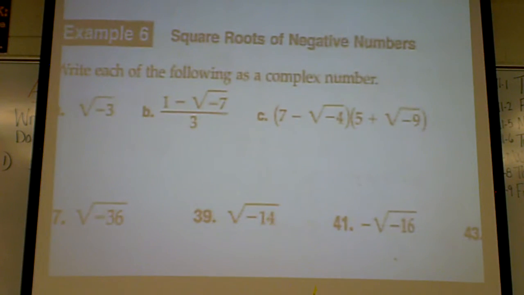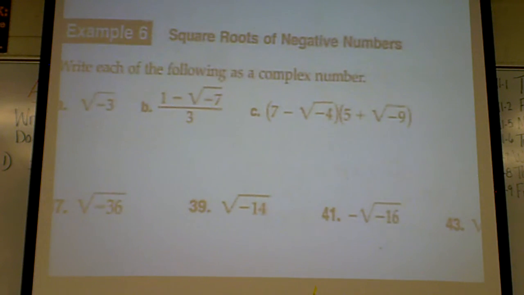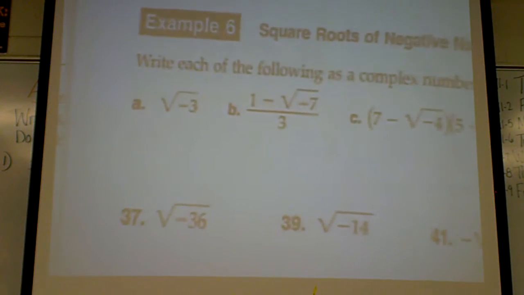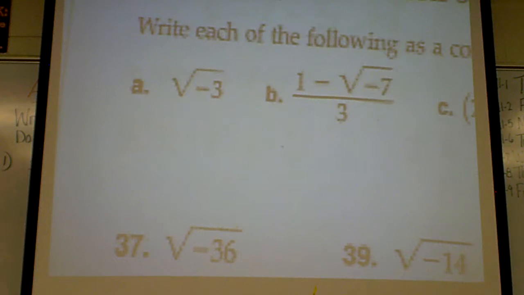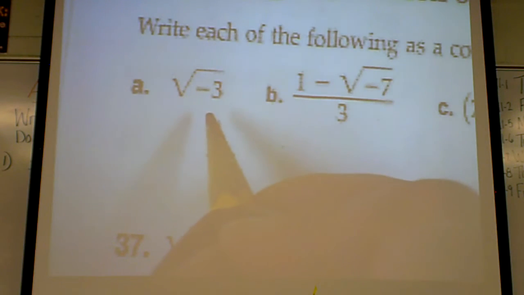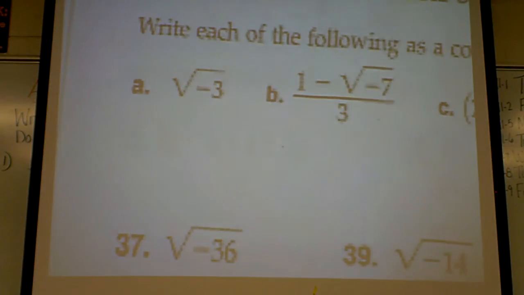Example 6. We do not want to leave a radical, especially if there's a negative underneath it now. How would you simplify A? What would you write for A? Rewrite each of these following as a complex number.